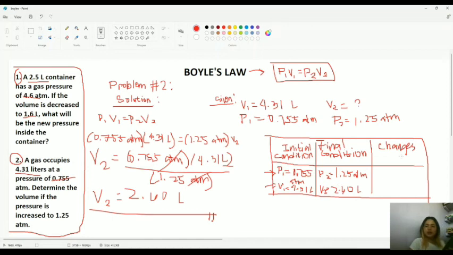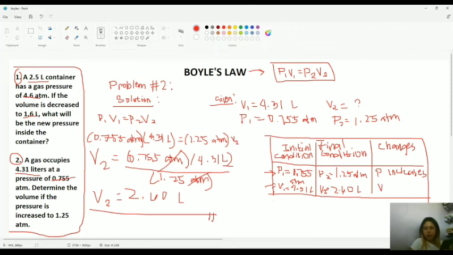So let's identify the changes. Sa pressure, 0.755 sa initial, and sa final, 1.25. Of course, it increases. Pressure increases. And dito sa baba, volume, 4.31 liters.